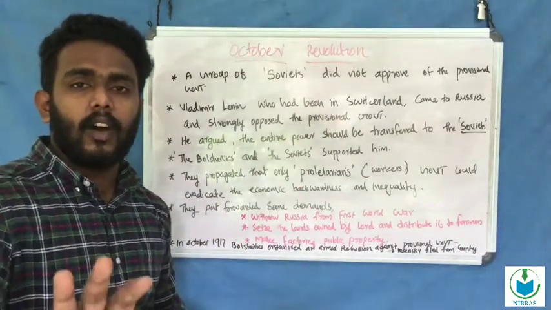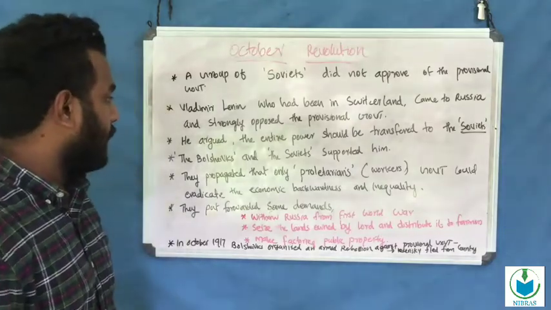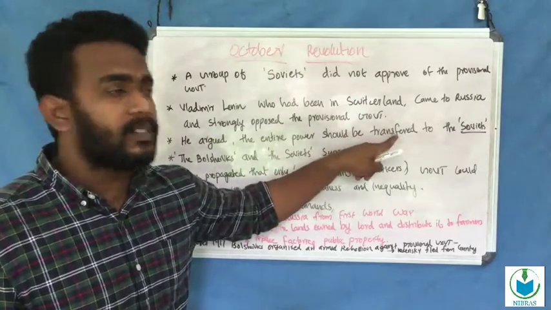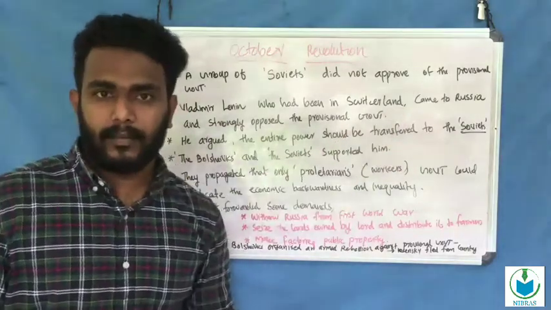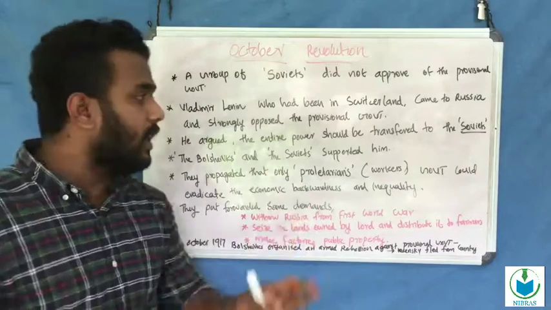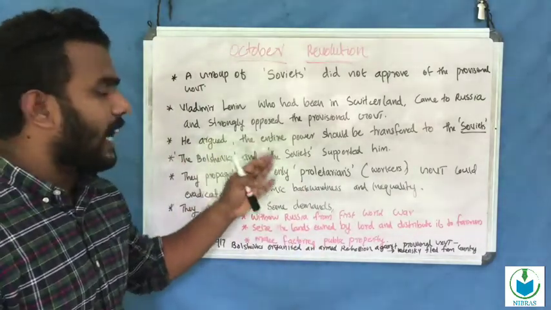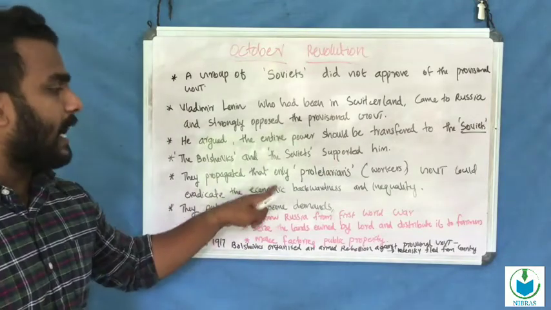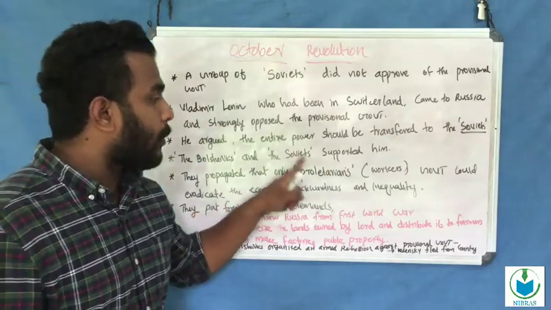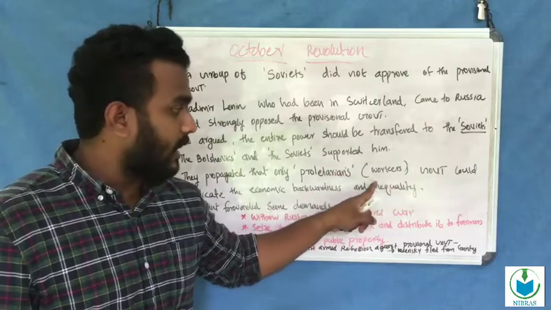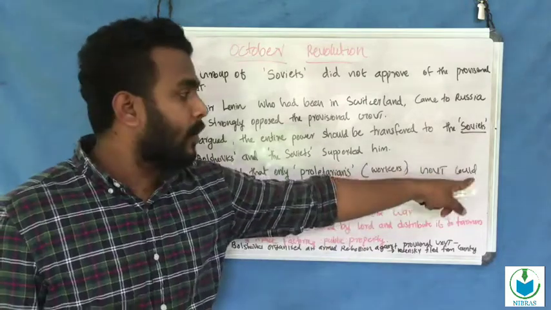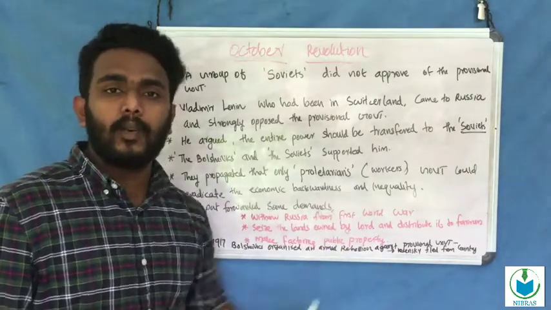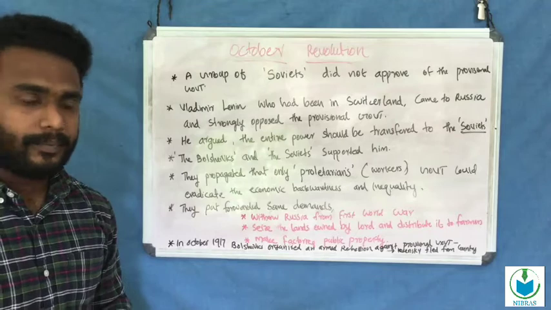He argued that the entire power should be transferred to the Soviets. The Bolsheviks and Soviets supported him, and they propagated that only a proletarian government, that is a workers' government, could eradicate the economic backwardness and inequality in society.